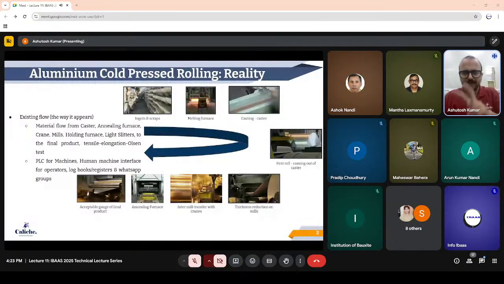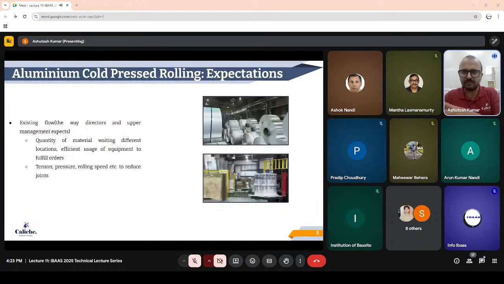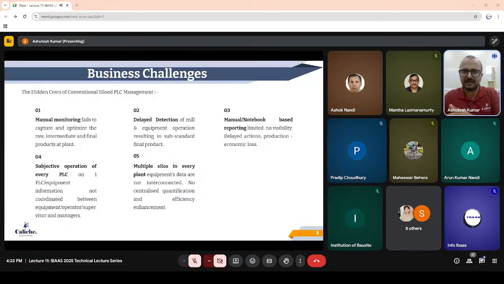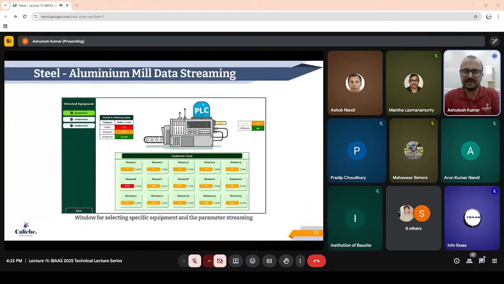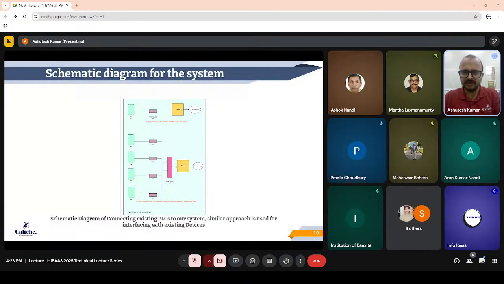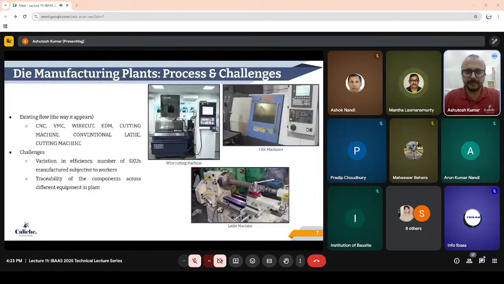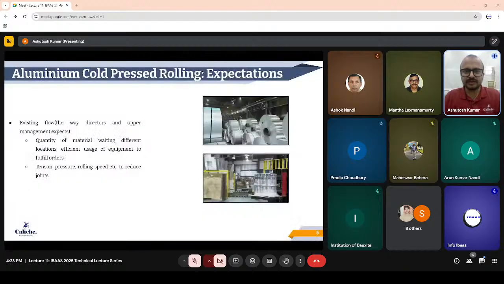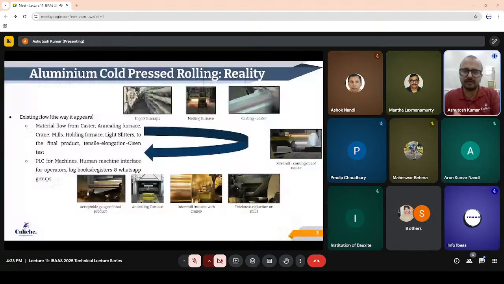Okay, sir. So I will take 2 minutes to quickly summarize what I have said, and then I will start from the actual slide. We discussed what equipment is involved in the rolling process.